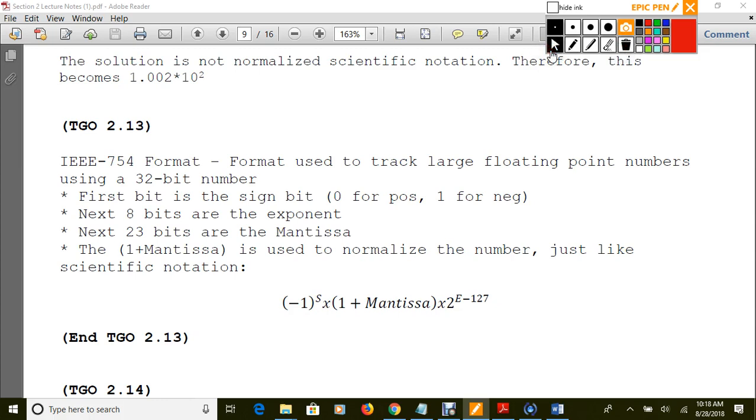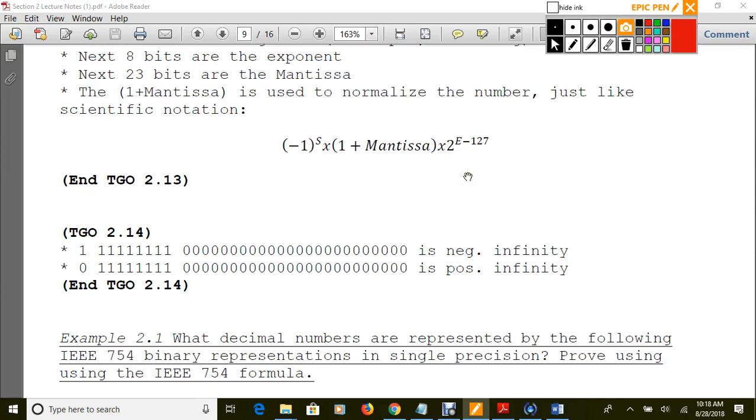Any other questions? All right, we're going to work through some examples here. But first, the definition of negative infinity and positive infinity. I talked about this concept: this is 255, right?